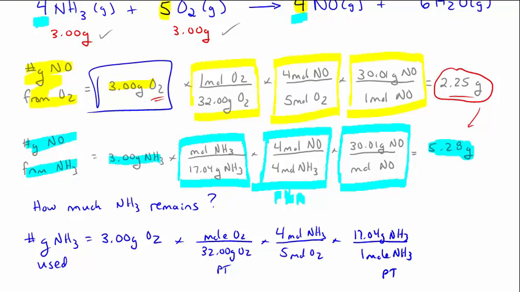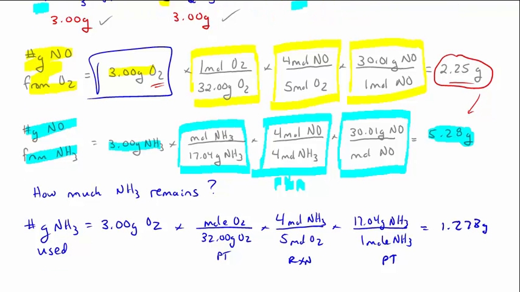I get this from the periodic table, this comes from the balanced reaction, and I can find out how much I'm going to use, which is 3 divided by 32, multiplied by 4, divided by 5, multiplied by 17.04. Turns out that I'm going to use 1.278 grams.